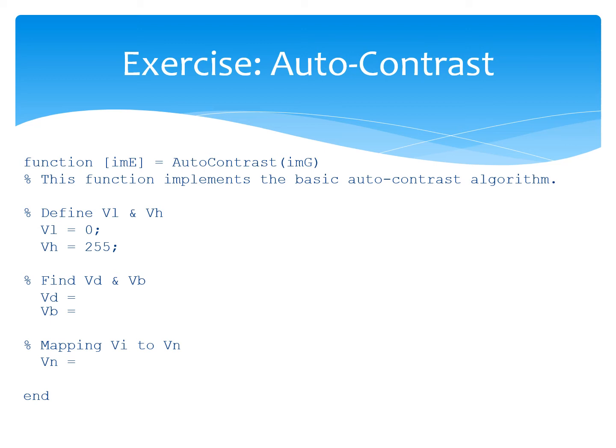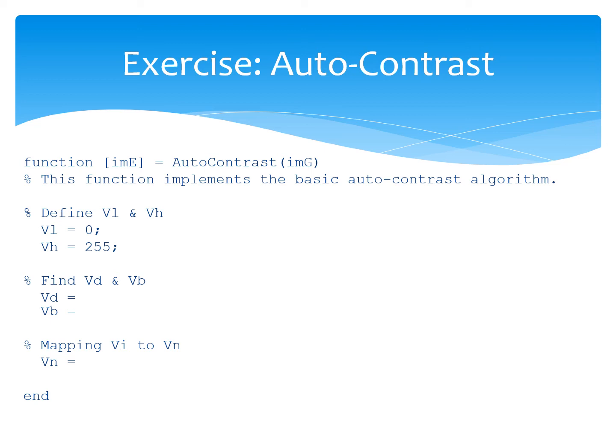To fully utilize the entire gray-level spectrum, we set minimum intensity level, VL, to 0, and the maximum intensity level, VH, to 255.